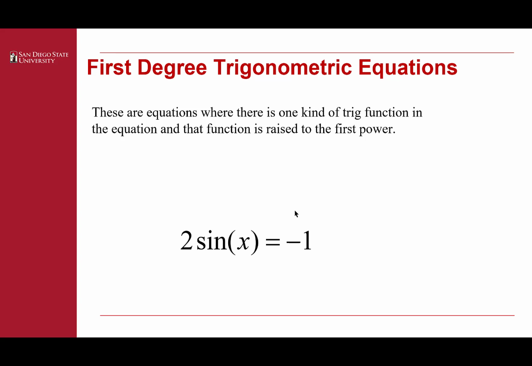Here you see a very basic first-degree one-angle trigonometric equation. It's 2 times sinus x equals -1. So it's pretty straightforward. We already have seen this in the previous class, but the general idea is exactly like that. We will of course see the more complicated ones, but the general idea is always like that.